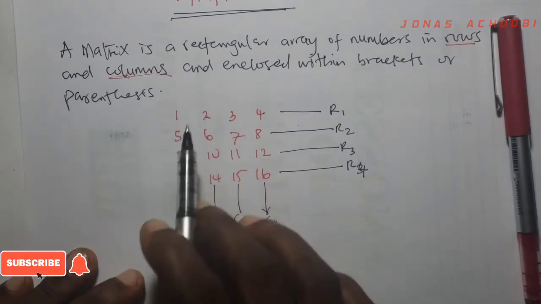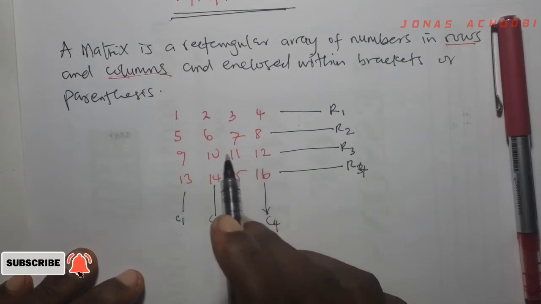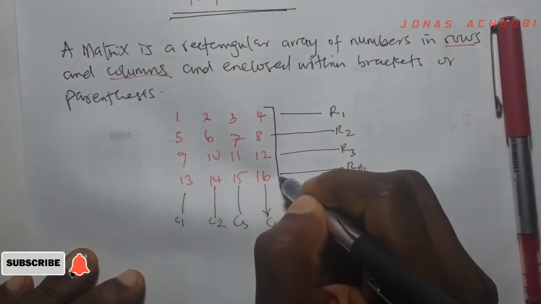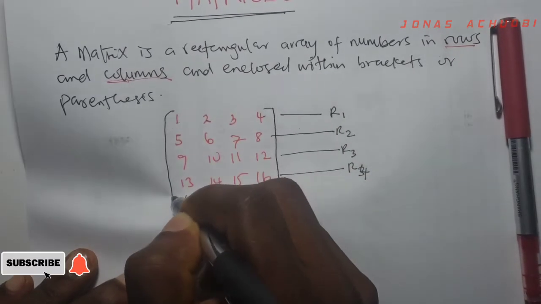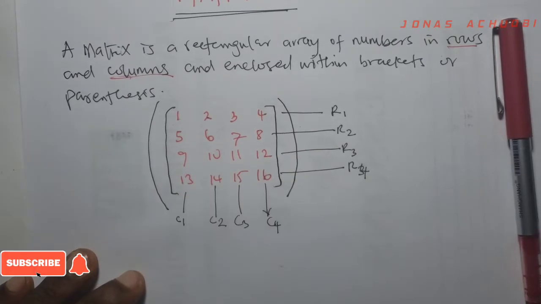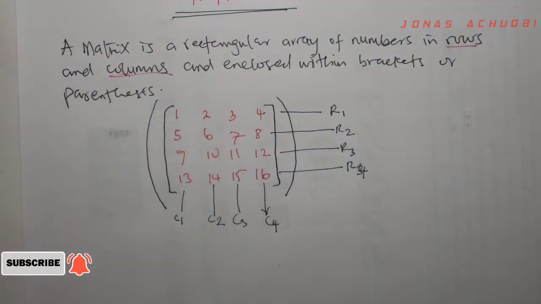If we have such an arrangement of numbers or elements or whatever it could be, and if these numbers are enclosed within brackets or parentheses like this, then this arrangement will be called a matrix.